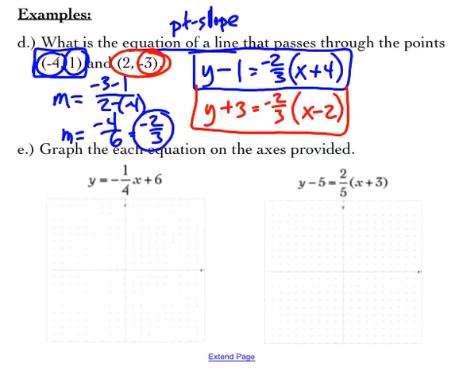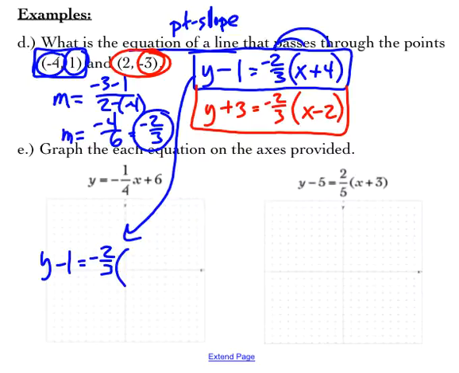All right. So you may want to put this off to the side somewhere. I'm going to kind of go down below here because I can, and I don't really have any other space. So what I would do with this is just show that if I do y minus 1 and actually distribute the negative 2/3 here, so I'm going to take this and just distribute it out. So get rid of the parentheses, not leave them in there.